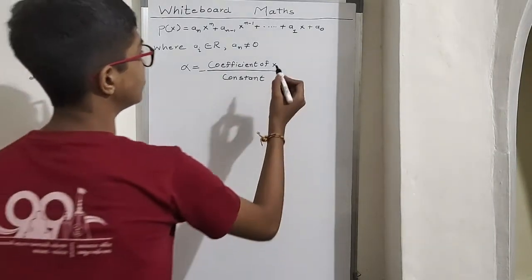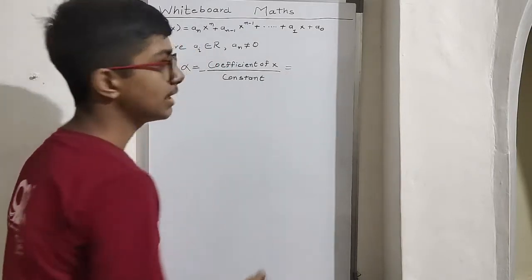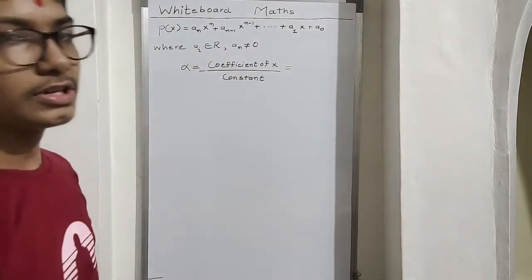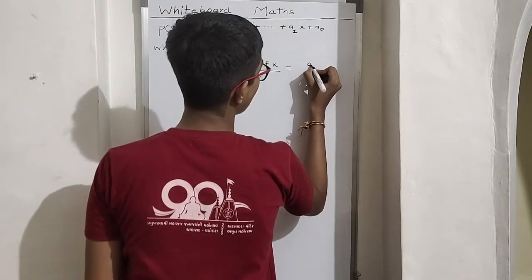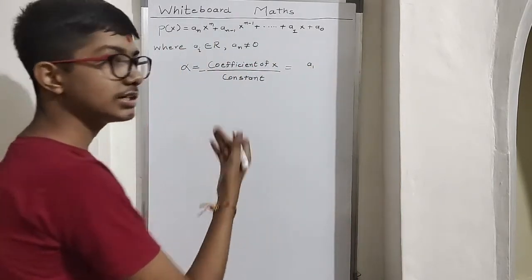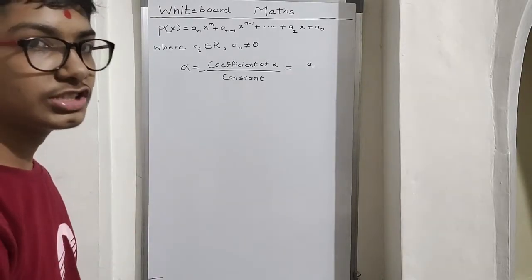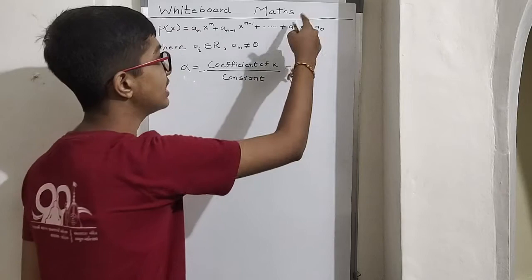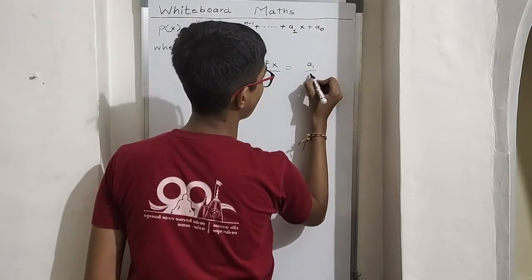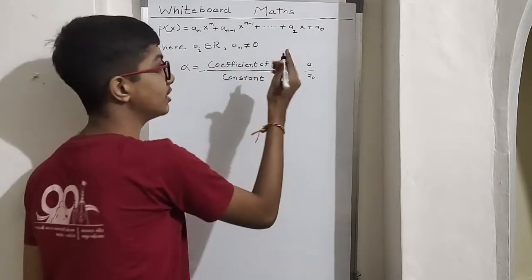With this general definition, the coefficient of x will be a1, and the constant term, which I refer to as a0, and the negative stays the same.